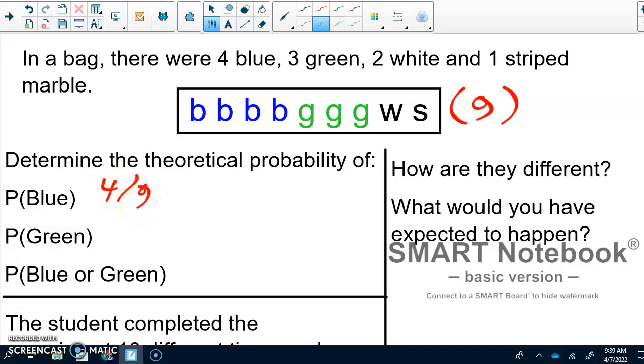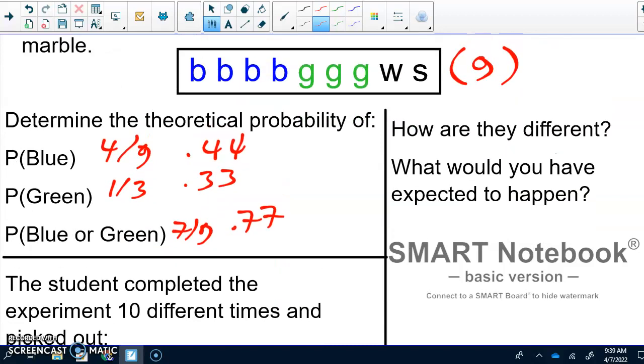If I was writing it as a decimal, it would be about 0.44. And then looking at the green, we got 3 out of 9, or 1/3, or 33.33%. And then if we're looking at a blue or a green, that gives me 7 out of 9, or about 77%, or 0.77.